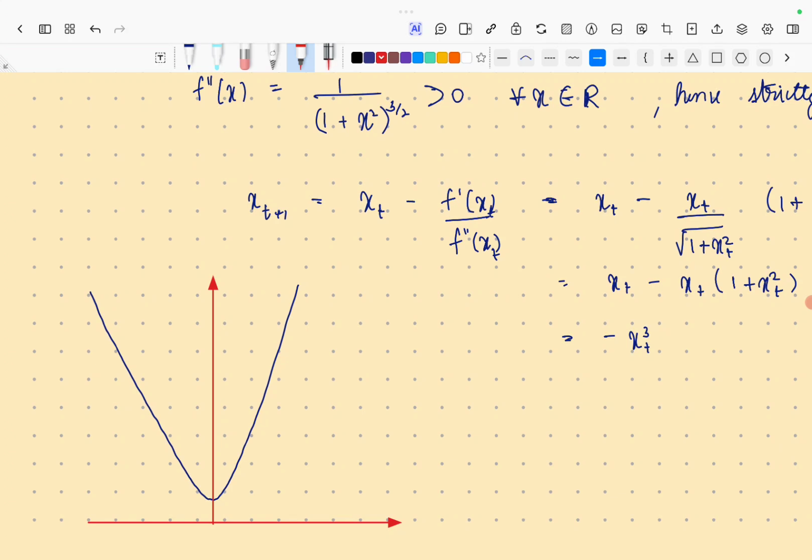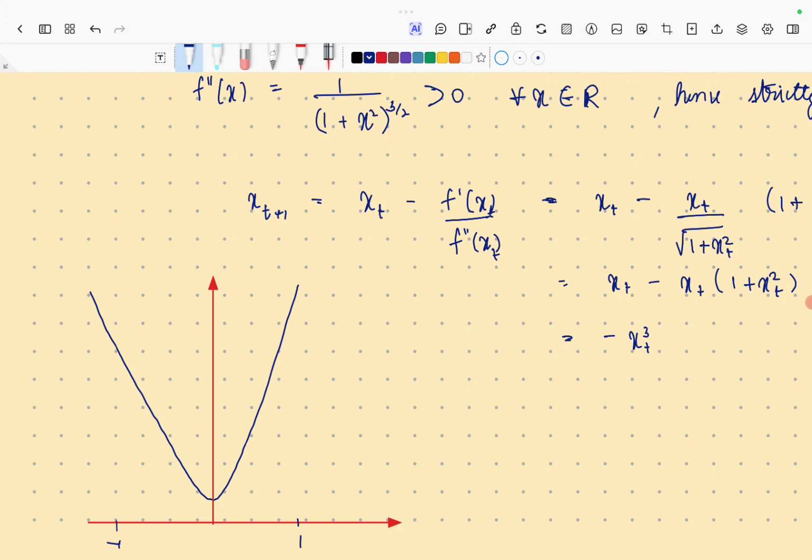If you start at 0.5, it will converge, because when it is less than 1, the cube will be smaller and smaller. So if I start from any x0 which is less than 1, then this algorithm will converge. It converges pretty fast, at a cubic rate. At the same time, it's also alternating signs.